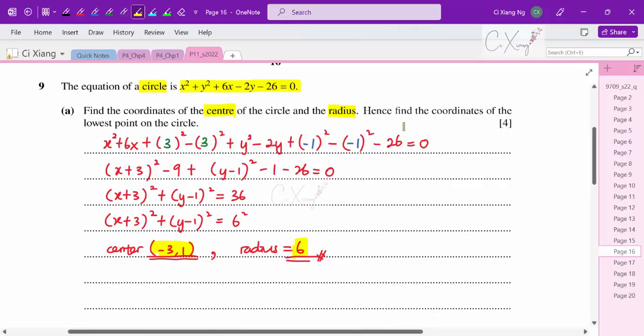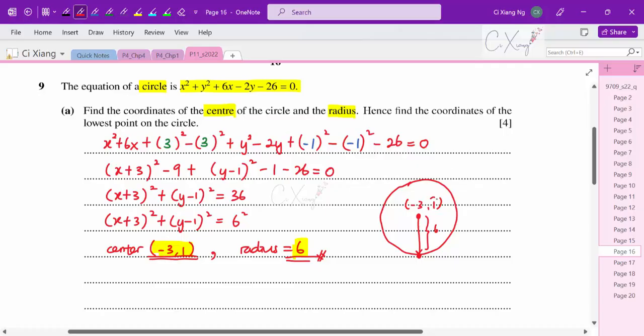Then they're asking us the second question. They want us to find the coordinates of the lowest point on the circle. When we have a circle, the center has the coordinates of negative 3 and 1. The lowest point will be somewhere here, which is actually 6 units away from the center because the radius is 6 units.